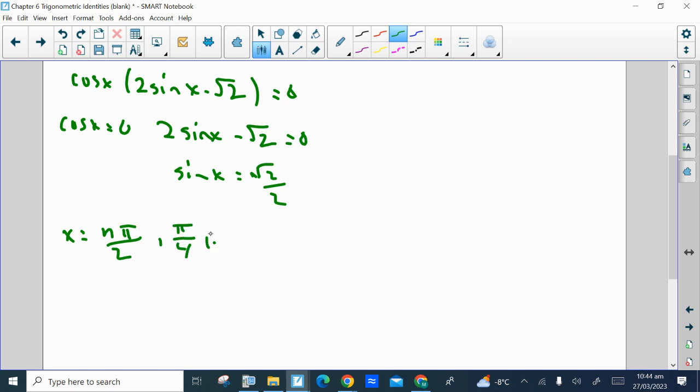So pi on 4 plus 2 pi n and 3 pi on 4 plus 2 pi n, where n is an element of integers. So there's those general solutions that we've done in the past.